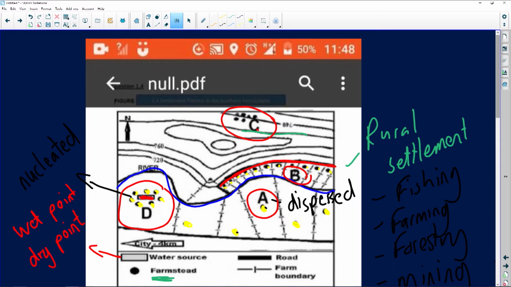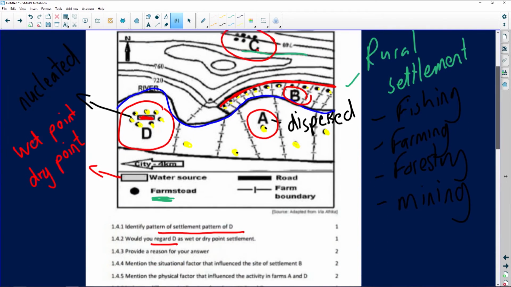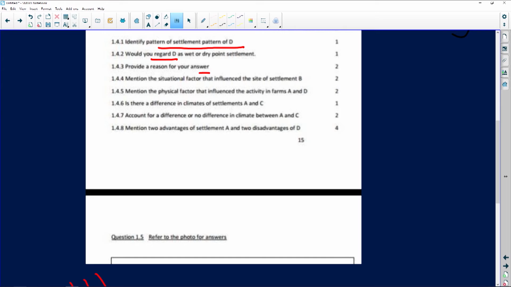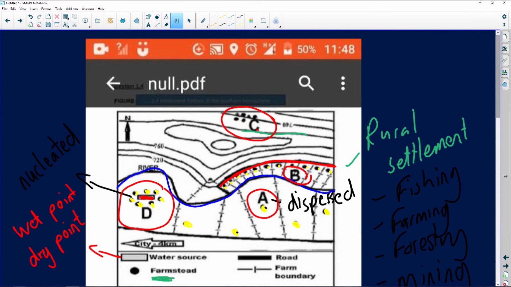And if you look at C, for instance, it is a dry point settlement, far away because they want to stay dry. Easy way to remember this. Okay, provide a reason for your answer. I've basically answered question 1.4.3 a couple of seconds ago. It's a wet point settlement because all the settlements are nucleated around it.